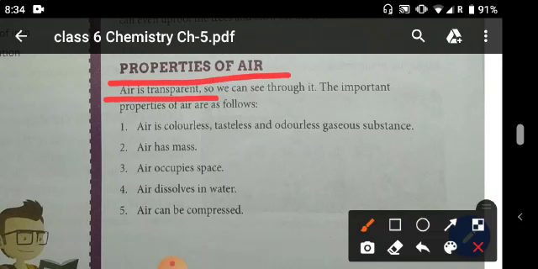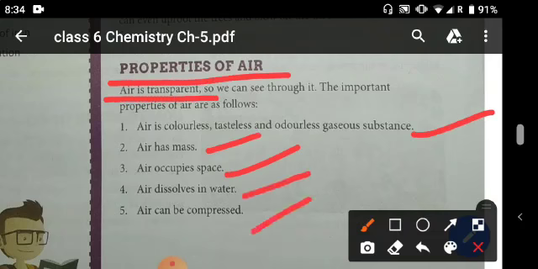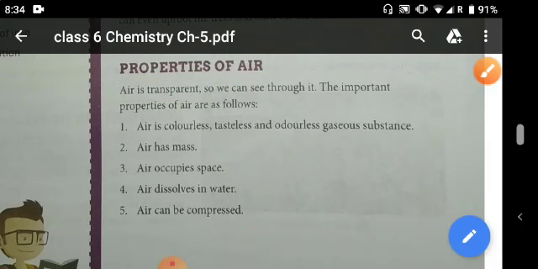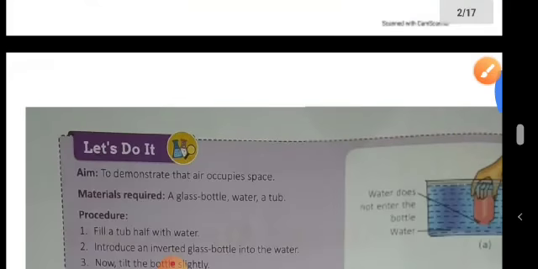The important properties of air are: air has mass, it is a colorless, tasteless, and odorless gaseous substance. Air occupies space, air dissolves in water, and air can be compressed.